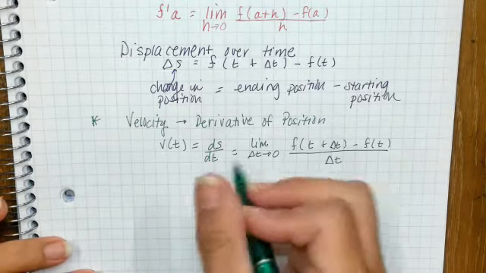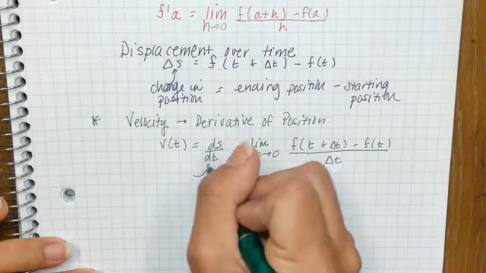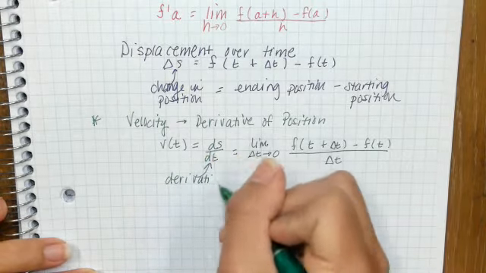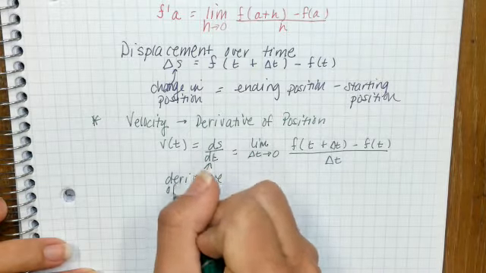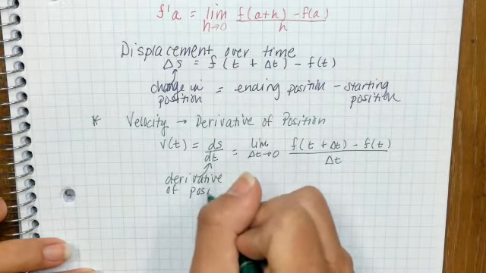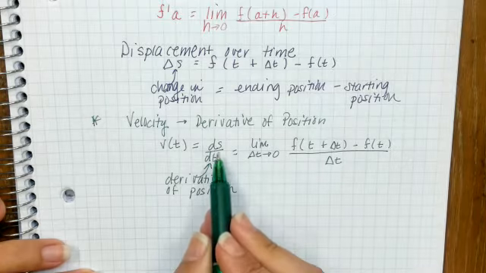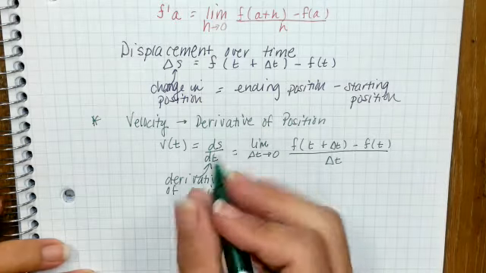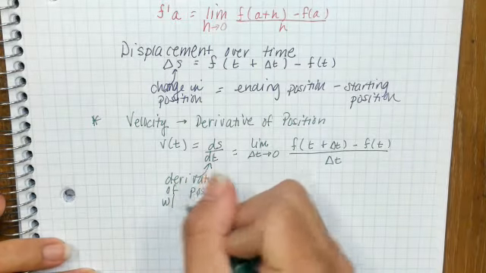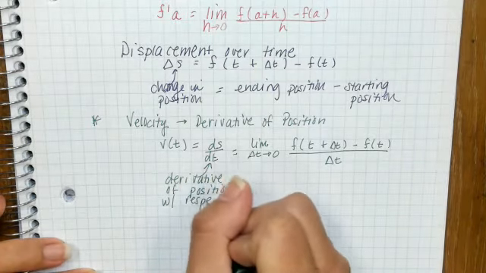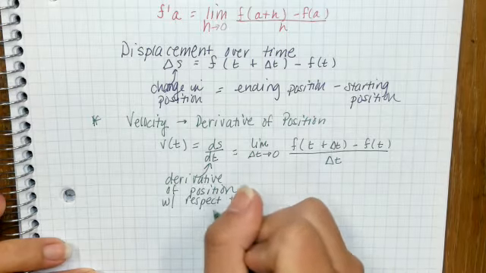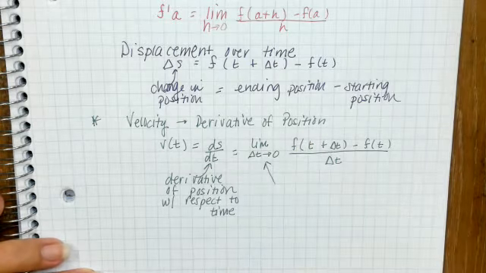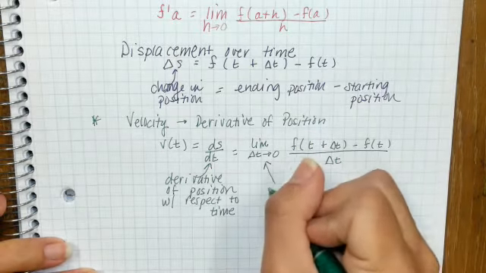Okay, so this is the derivative of the position. ds is the derivative of the position with respect to time. Delta t is the change in time.